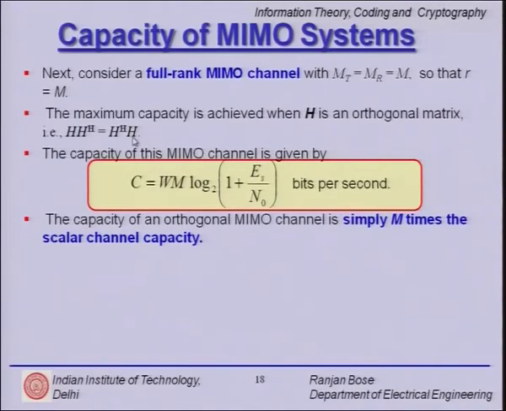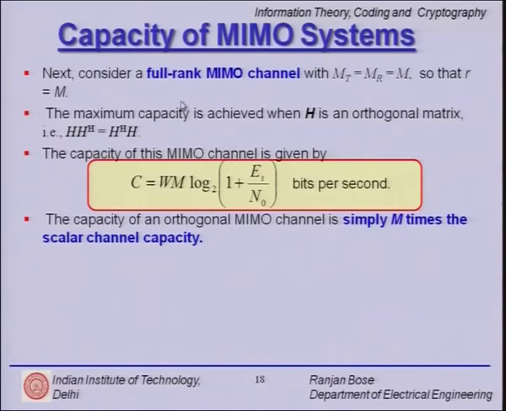This matrix H is pretty easy to write, because in general we have MT transmit antennas, MR receive antennas. Each antenna at the transmitter is connected to an antenna at the receiver, and there is a channel gain from one to the other. So, it is pretty easy to construct this matrix H. Now, this H matrix may have several interesting properties. Based on these mathematical properties, we are making comments about the capacity.